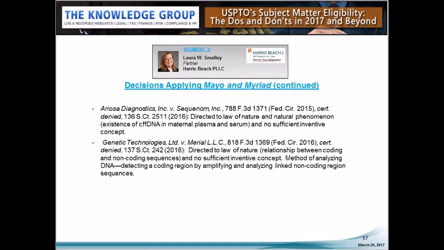Applying a combination of known laboratory techniques to their discovery, the inventors implemented a method for detecting the small fraction of paternally inherited CFF DNA in maternal plasma or serum to determine fetal characteristics such as gender. Notably, the patent didn't claim CFF DNA or paternally inherited CFF DNA, it only claimed certain methods of its use.